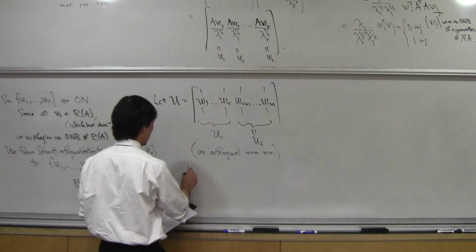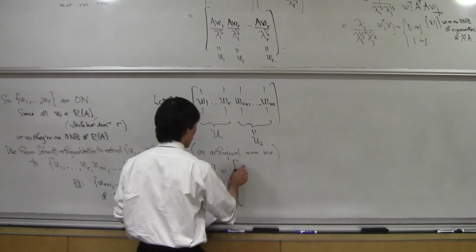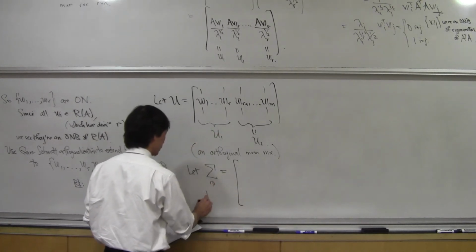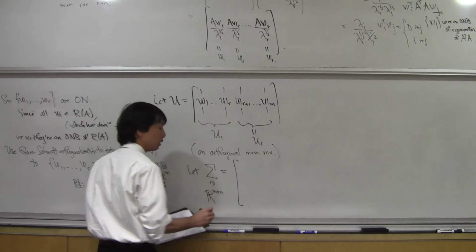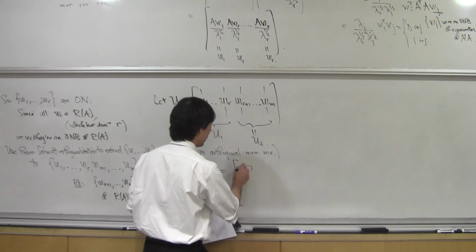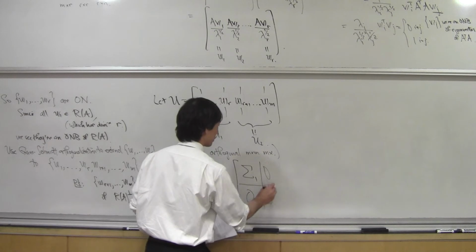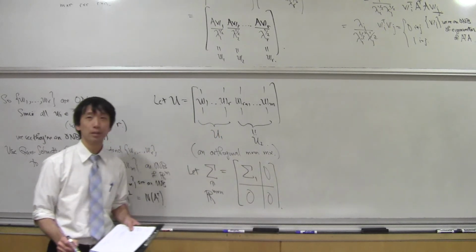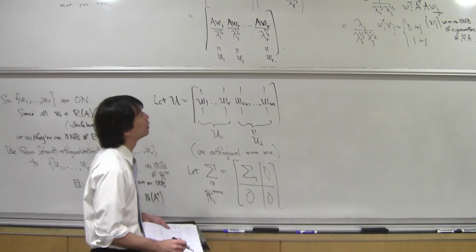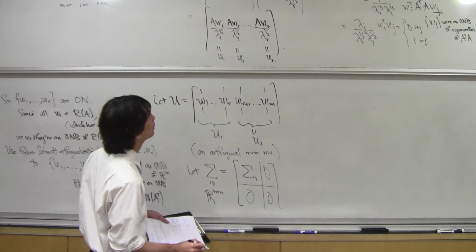Okay, so now let sigma be the m by n matrix where we have sigma 1 here, and then everything else is 0. Right.